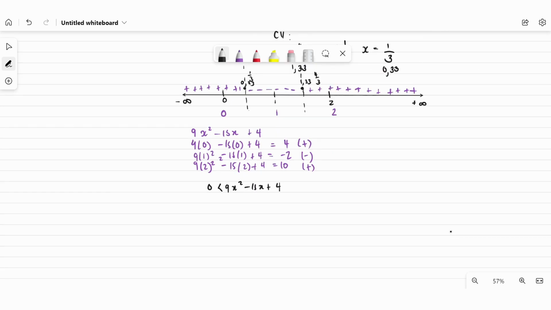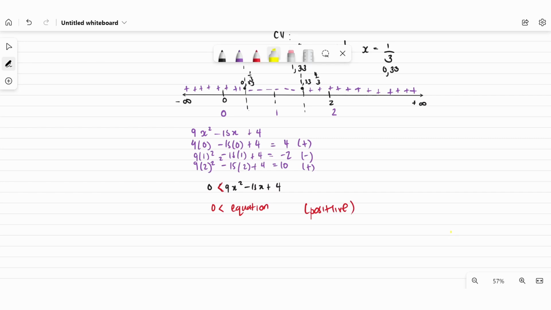Since 0 is less than the equation, it is greater than 0. That means this inequality is positive, because of the way it relates to the equation that we have. So we need to find on the number line where it's positive.